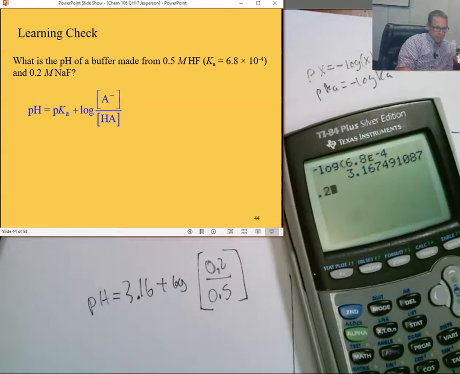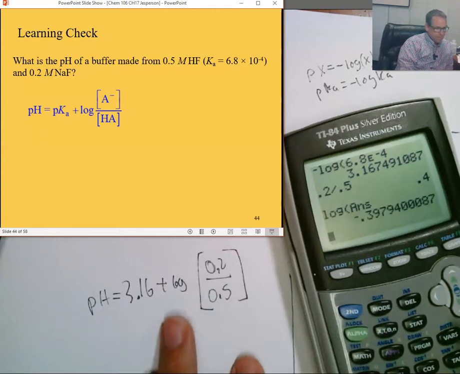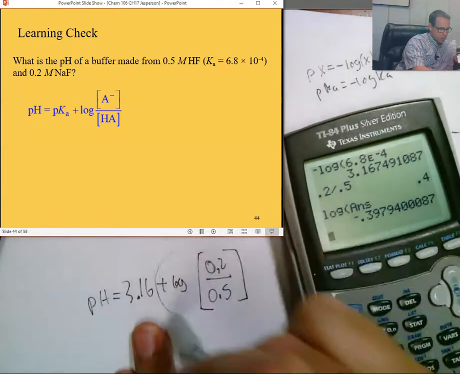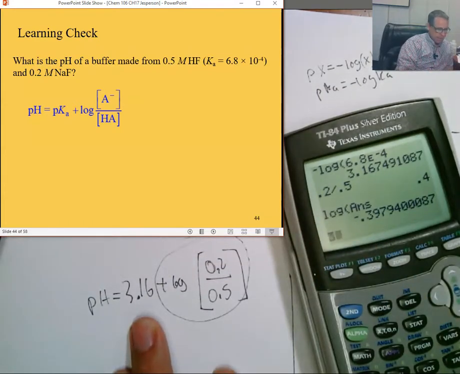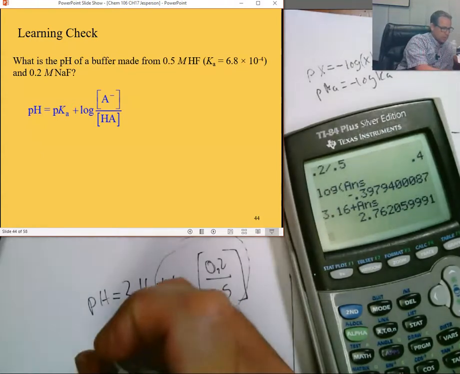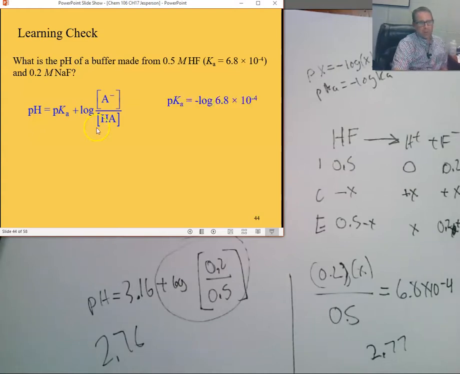Okay, so 0.2 divided by 0.5, and then I take the log of that value. So I've just done this portion, right? And then I take 3.16 and I add it to that value. So that's, again, 2.76. So, very good.